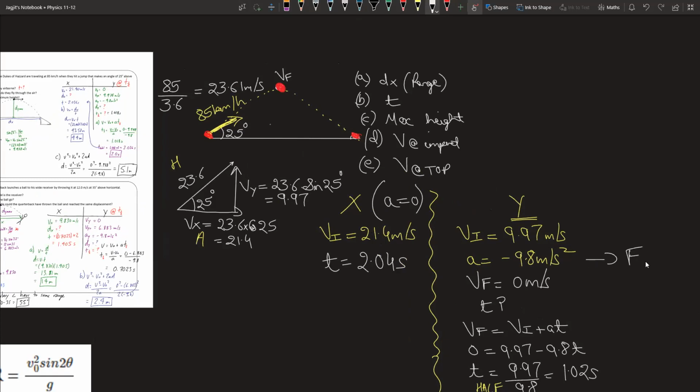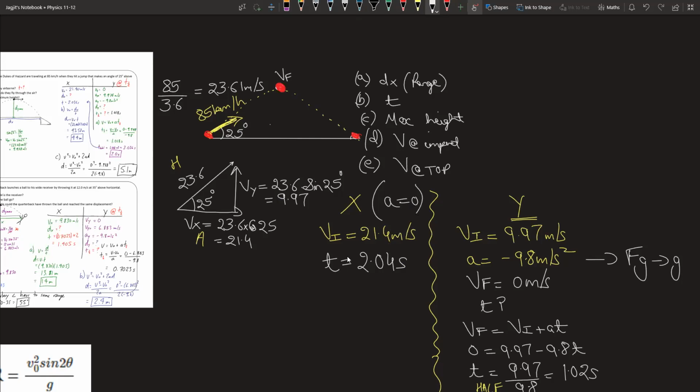Because of force of gravity. Force of gravity is always pulling it down, and it gives you an acceleration due to gravity. But for x direction, there is no force being applied. No one's pushing this ball, or pulling this ball horizontally. There is no force in the x direction. That's why the acceleration of x is 0.